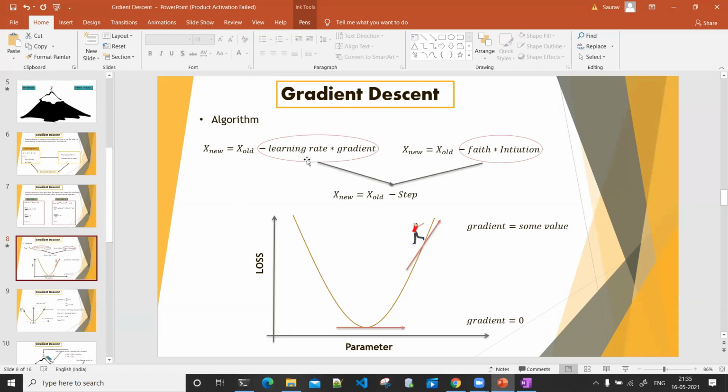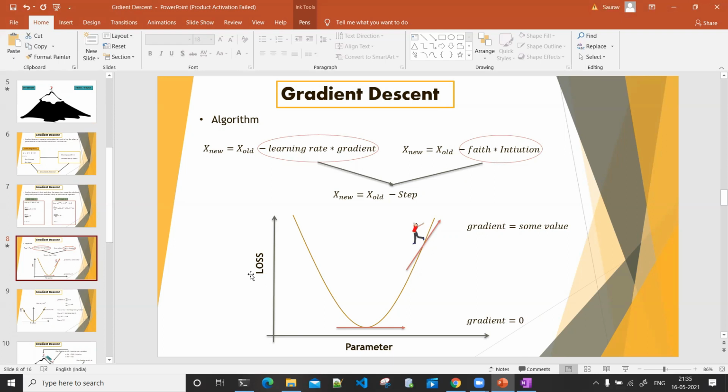The gradient is nothing but, if I compare it with the first example, the intuition. In real life, we have this intuition of steepness. But when we go into the mathematics, how do we know we have the steepness? It is by using the gradient, like dy over dx, or the slope. And here the slope is the loss in terms of parameters.